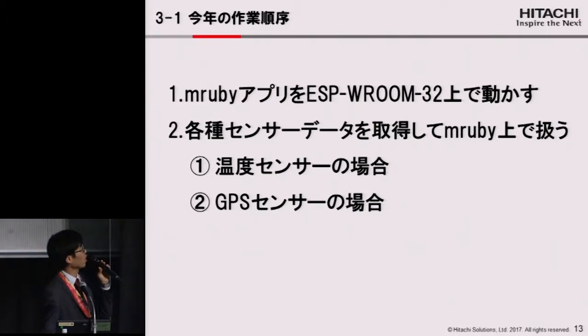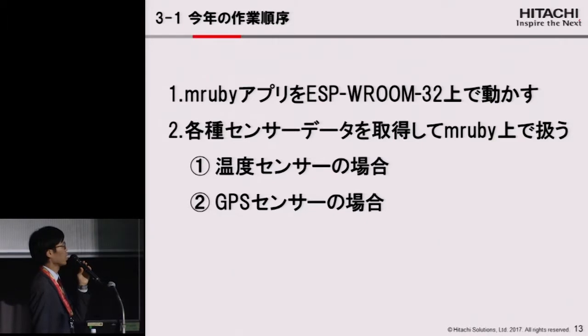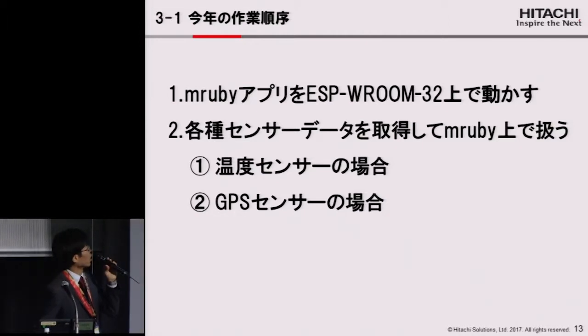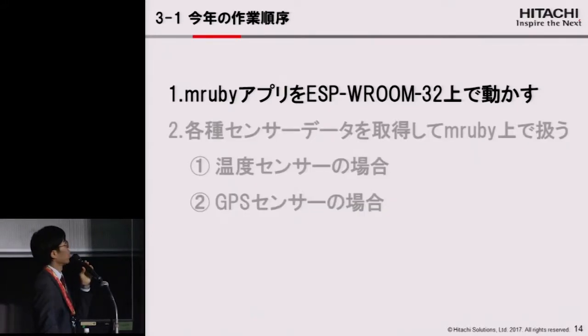First, run an mruby application on the ESP-WROOM-32, and next acquire the sensor data, and then handle it on mruby. Like last year, temperature sensors and GPS sensors are used.